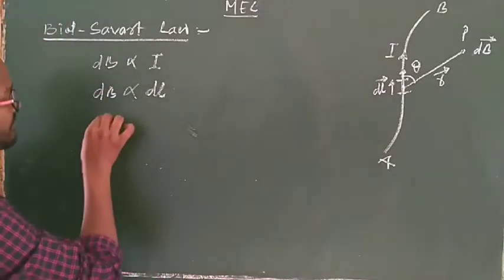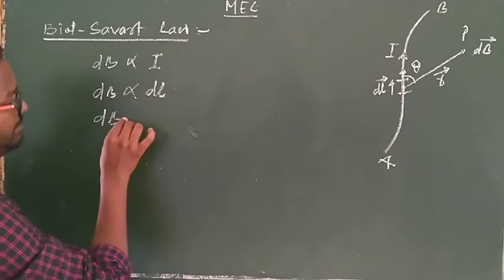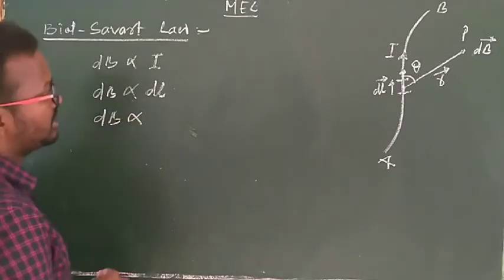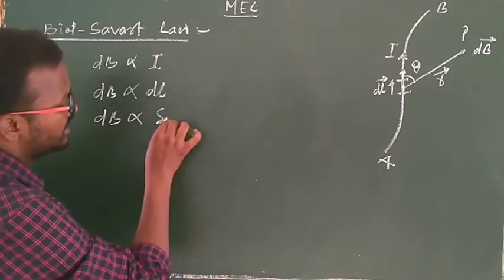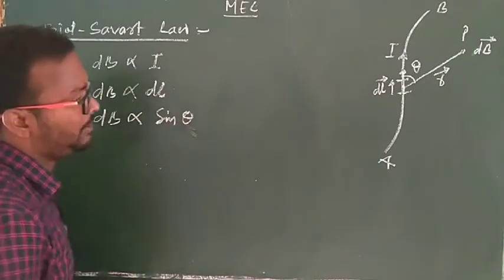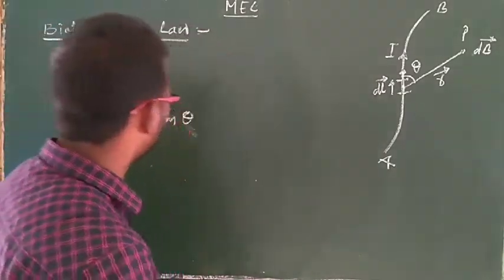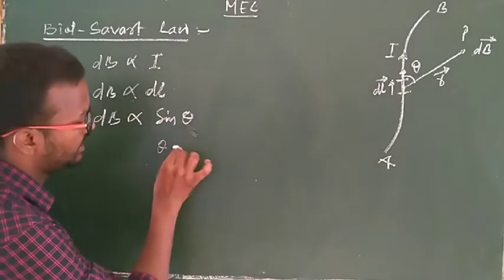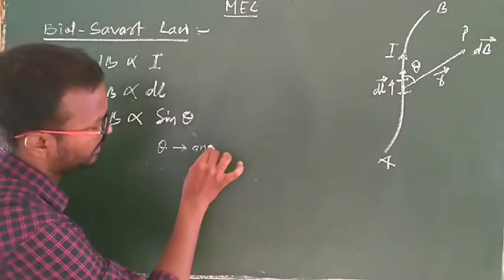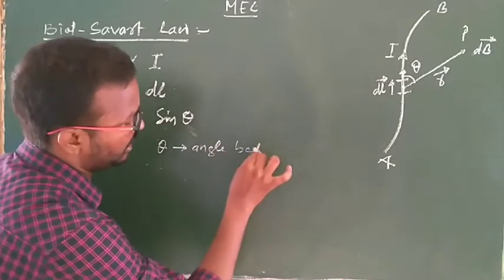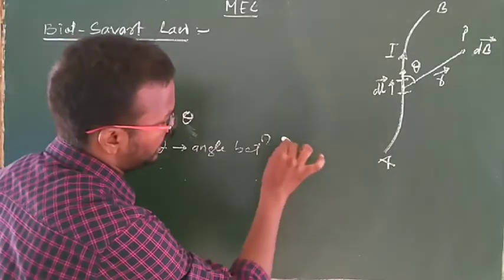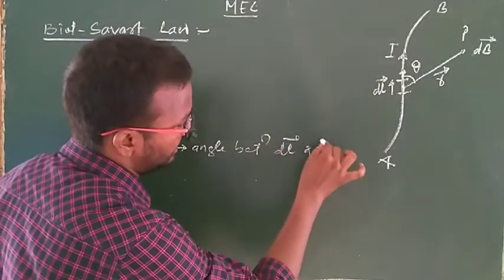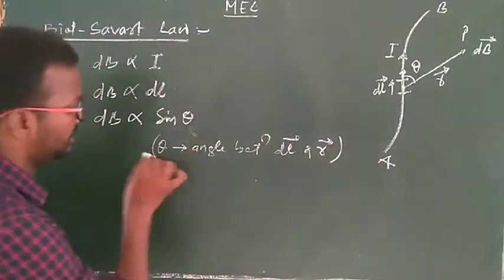Clear? Next point, dB is directly proportional to sin theta, the sine of the angle between the two vectors. What is theta? Theta is the angle between dl vector and r vector.